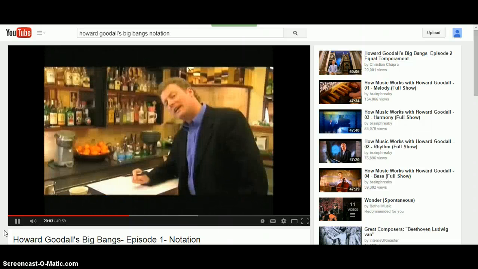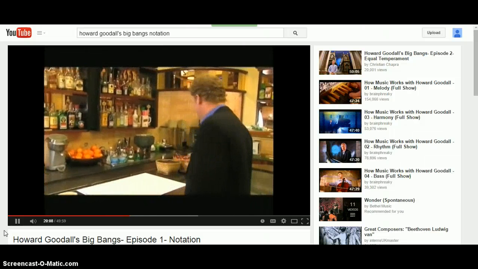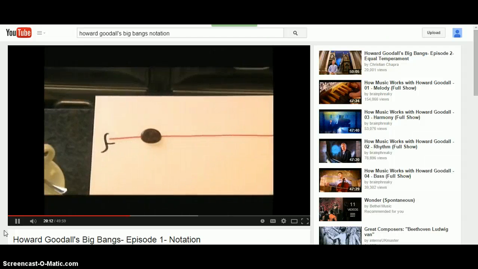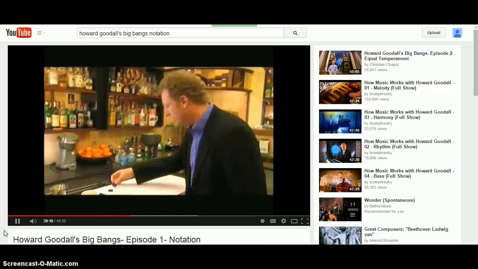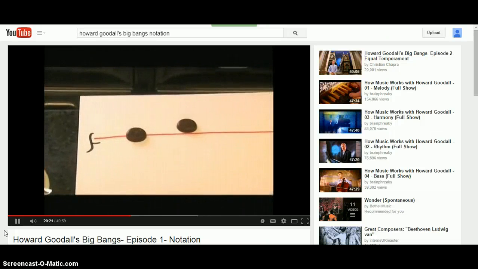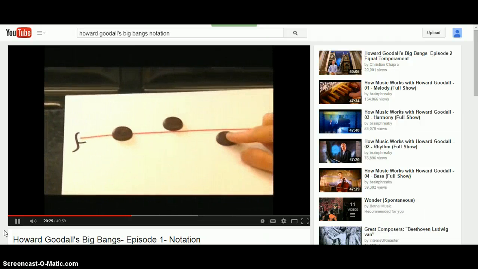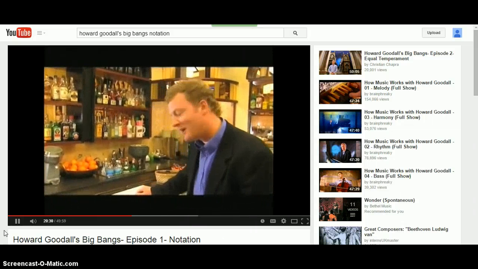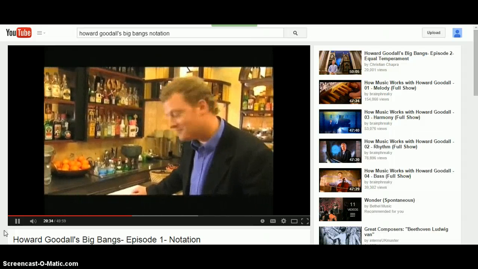Now nowadays we'd call that a clef, French word for key. And Guido invented it. So a blob on the line meant sing the note F, la, and a blob above the line meant sing the next note up, G, la, and a blob below the line meant sing the note below, E, la. Now I know this seems fantastically simple to us, but then so does the wheel, and it took mankind a long time to figure that out.